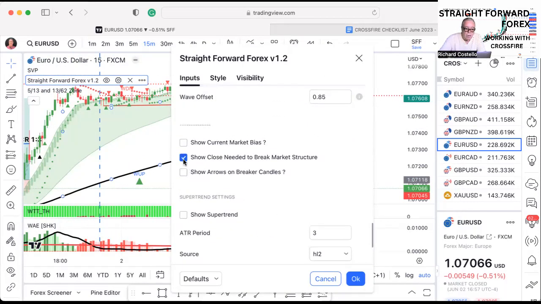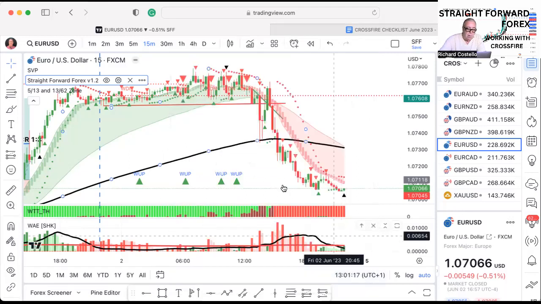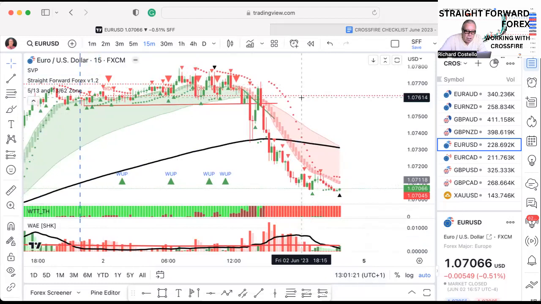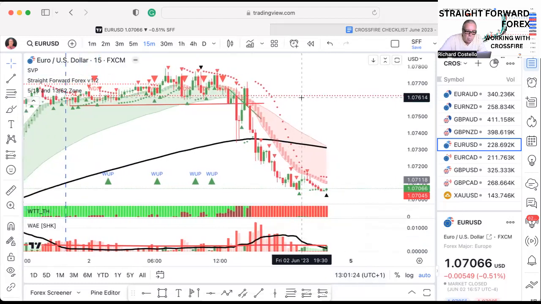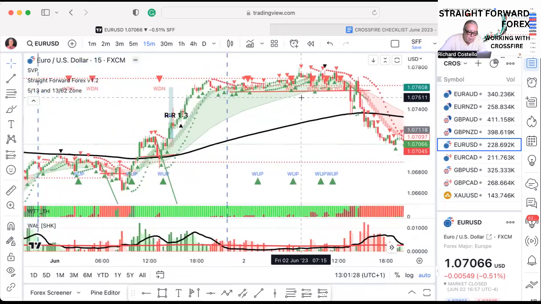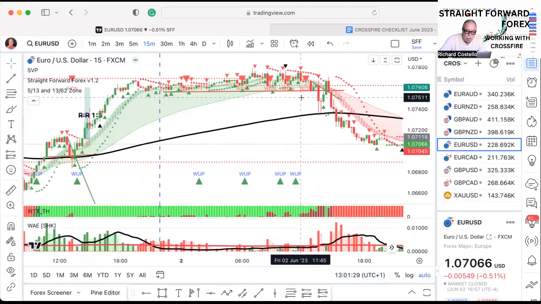Right, so under inputs, I've ticked the show close needed to break market structure. The thing is they disappear after a while. So unless there's a recent one, it won't show. No, they disappear once they've been broken on the chart.